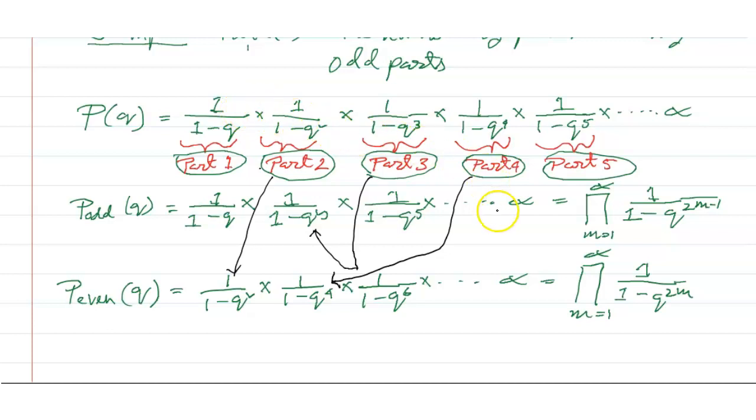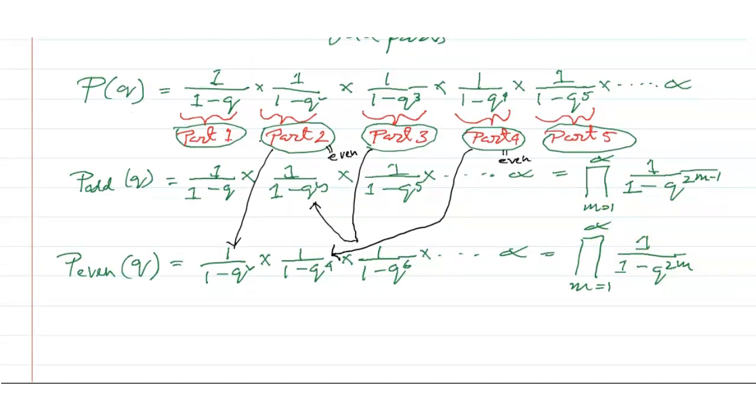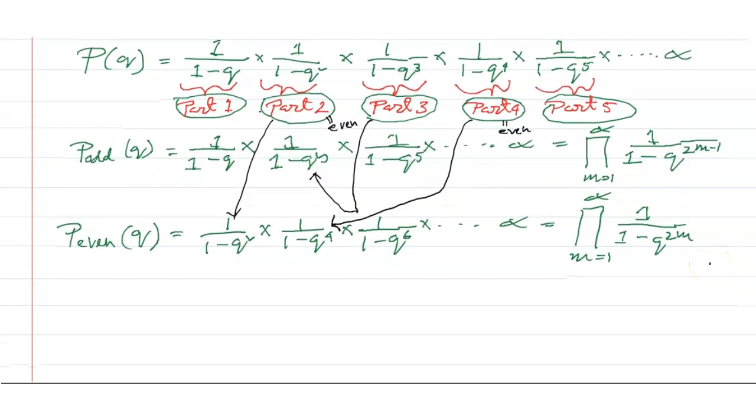So friends, this is the total way. Part 4 is also an even number, so that's why I multiply even parts. This is my formula: the product of 1 by 1 minus q to the power 2m, and so on.